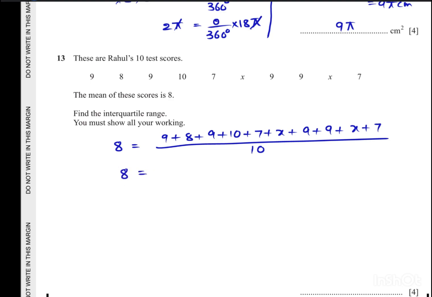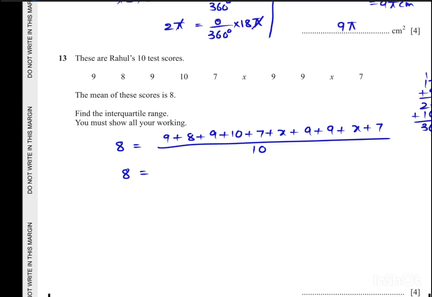Then 8 is equal to 9 plus 8 is 17, 17 plus 9 is 26, 26 plus 10 is 36, 36 plus 7 is 43, 43 with x as it is, then add 9: 52, 52 plus 9 is 61, then 61 plus 7 is 68.